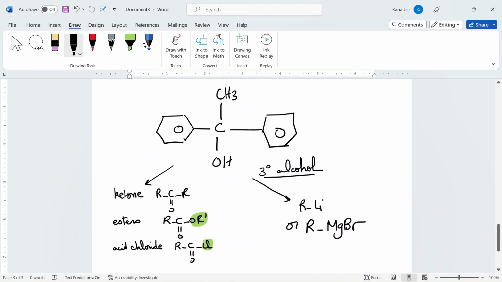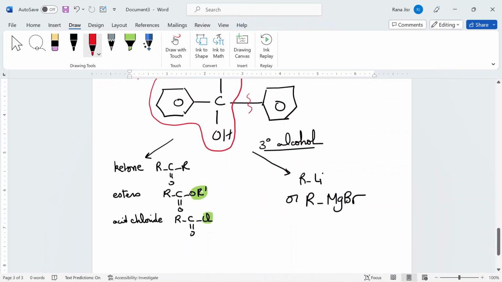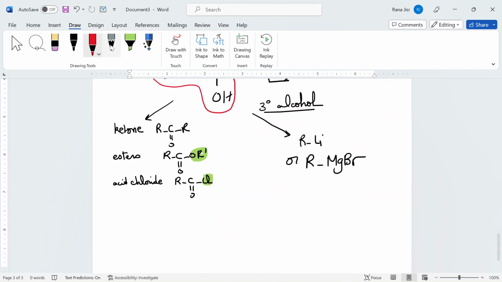So let's start with the first route of the ketone in there. If you want your starting material to be a ketone to prep this alcohol, then you can choose whatever two R's that you want in there. I can choose the benzene and the CH3 together, of course, with the OH. So for the ketone, let's say, for example, if we choose the whole thing to be the ketone, then in this case, this is going to be the R of the alkyl lithium.